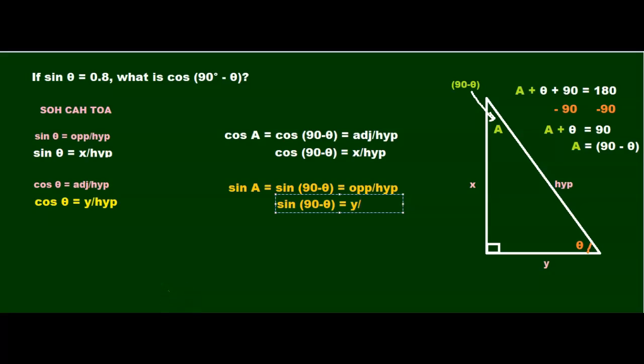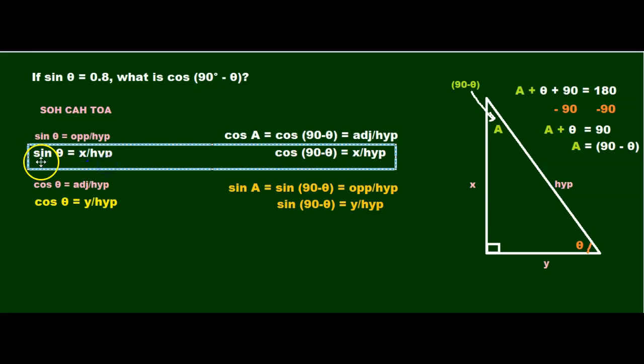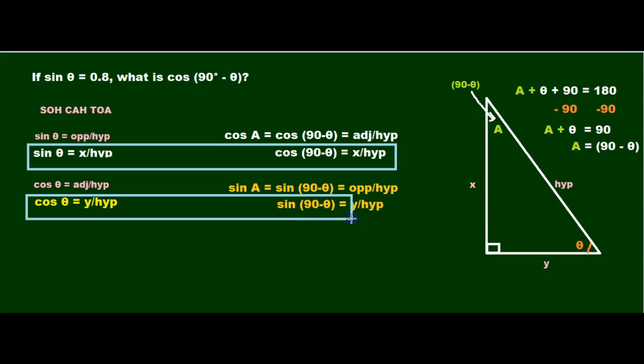Y over our hypotenuse. Now, do you see that our sine theta ends up being x over hypotenuse, which is also equal to cosine 90 minus theta?